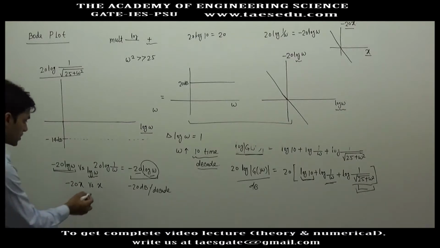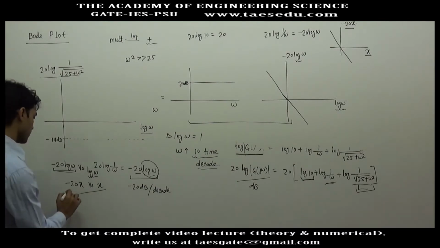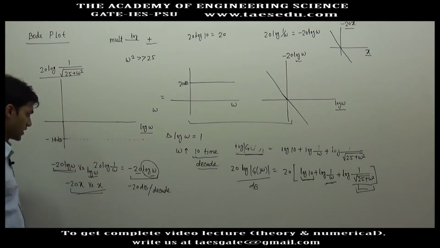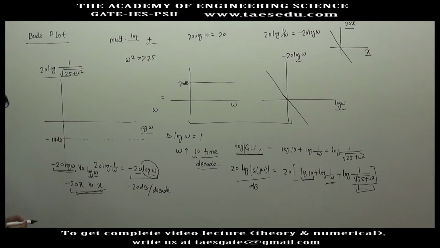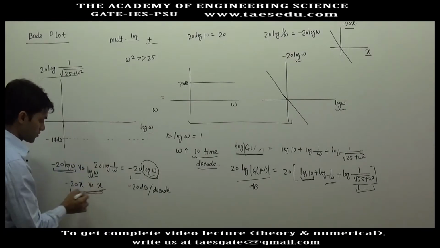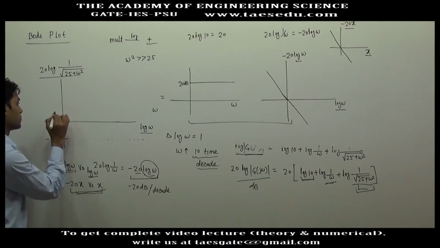So what will be the shape of this graph? It will be a straight line with negative slope. It looks like this graph should pass through the origin, or when log omega is equal to 0.